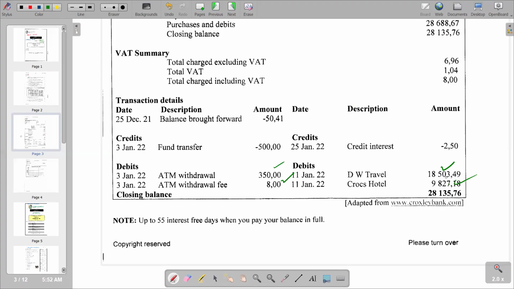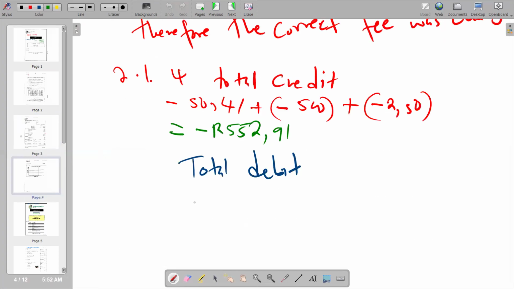So we just combine the four figures that we've just highlighted. The figures that we have, remember, we said 350, and then we are adding 18,503 rands 49 cents.